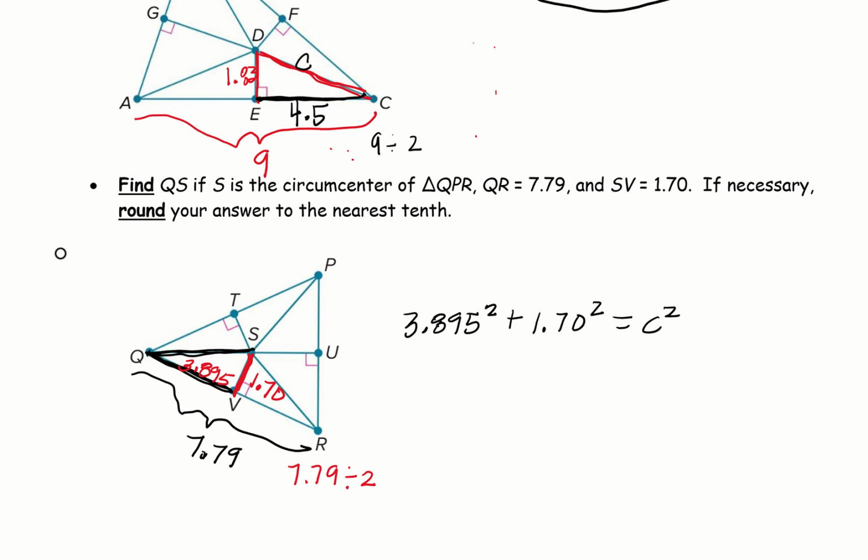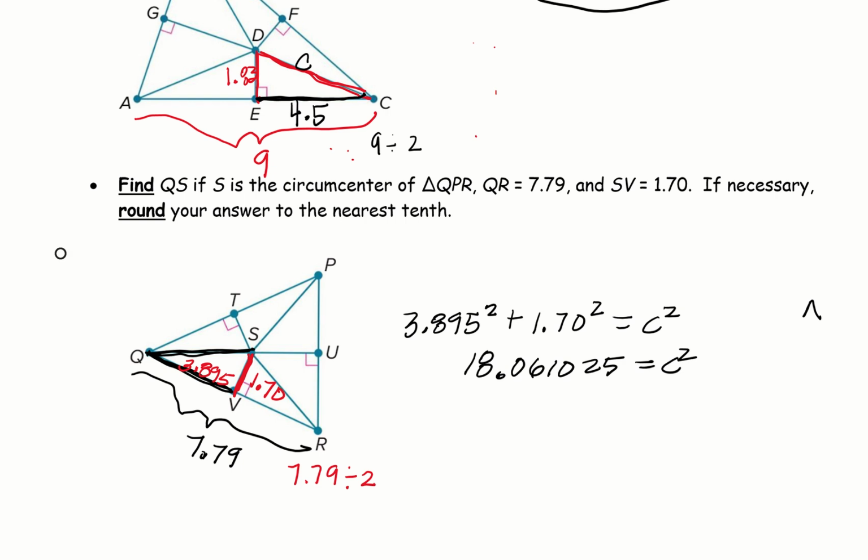The little caret is this sign on most of your calculators. Hit enter and make sure you get the same thing I got, which is 18.061025. And that should equal c squared.